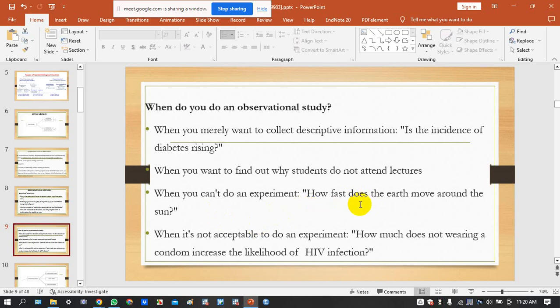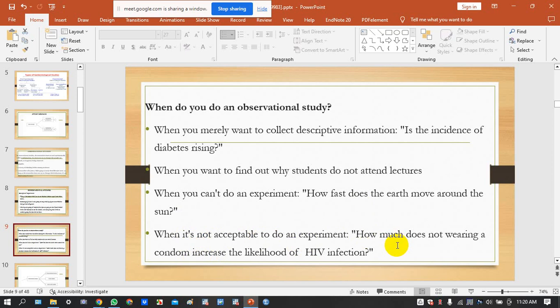Another reason we do observational studies is when it's not acceptable to do an experiment. For instance, you can't do an experiment to find out how much not wearing a condom increases the likelihood of HIV infection.